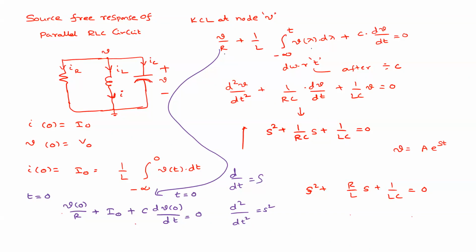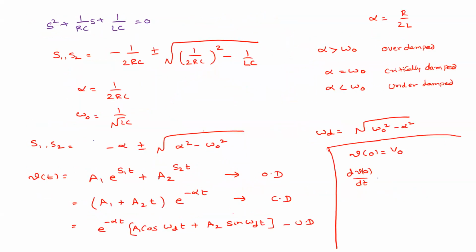Simple thing, we have one equation, right? If you substitute 0, it will be V of 0, and this will be 0. We already calculated this: 1 by L times the integration from minus infinity to 0 of V of t dt is equal to I naught, right? So that is the same thing we followed here. Nothing complex. If you solve this, what is the value of dV of 0 by dt?